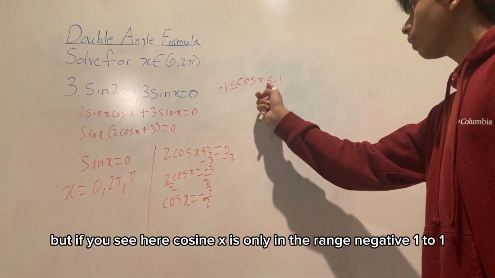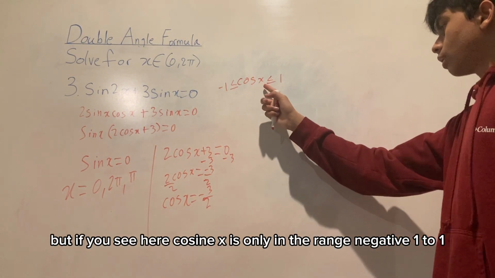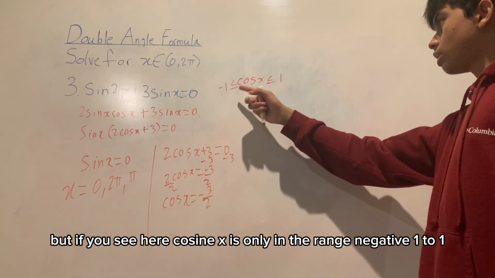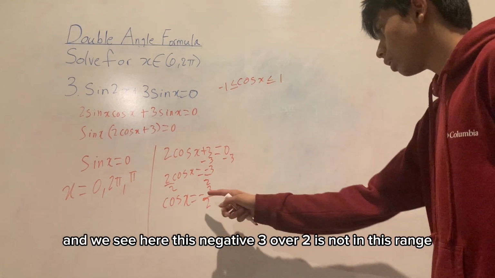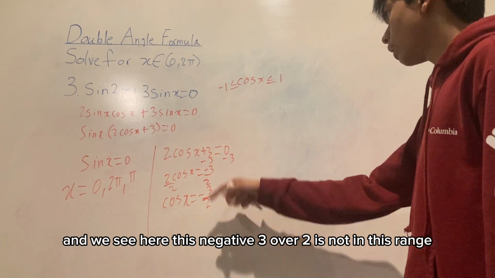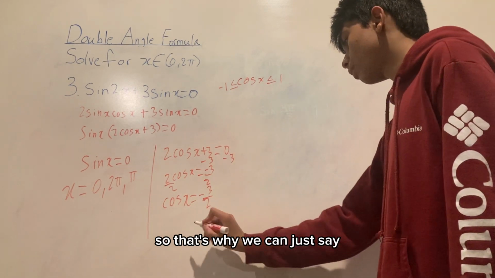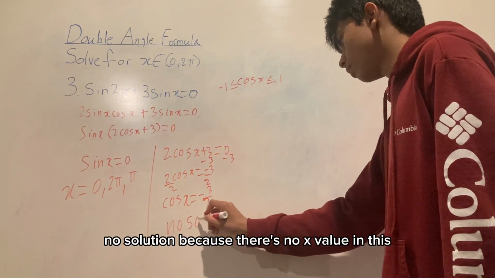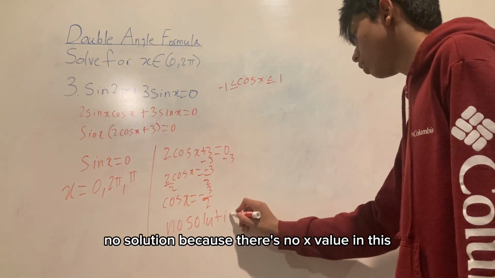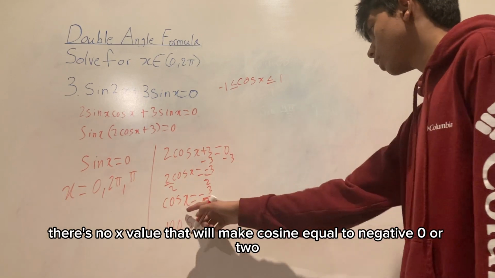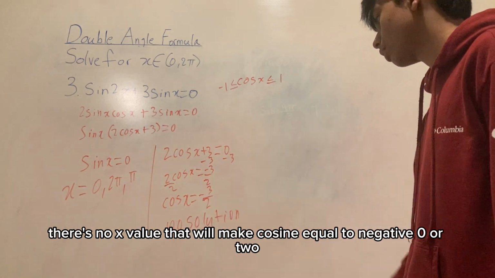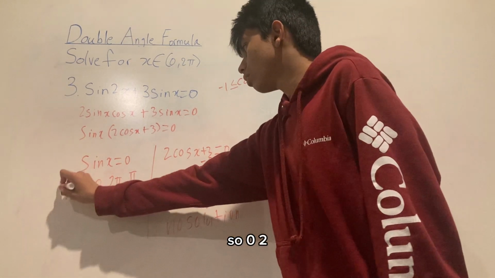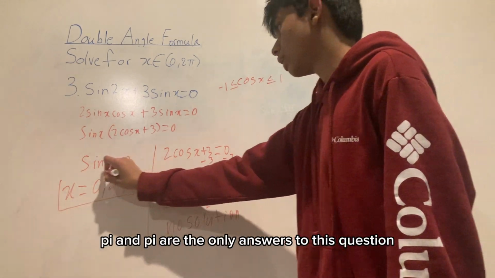But cosine x is only in the range negative 1 to 1, and negative 3 over 2 is not in this range. So that's why we can say no solution, because there's no x value that will make cosine equal to negative 3 over 2. So 0, 2 pi, and pi are the only answers to this question.